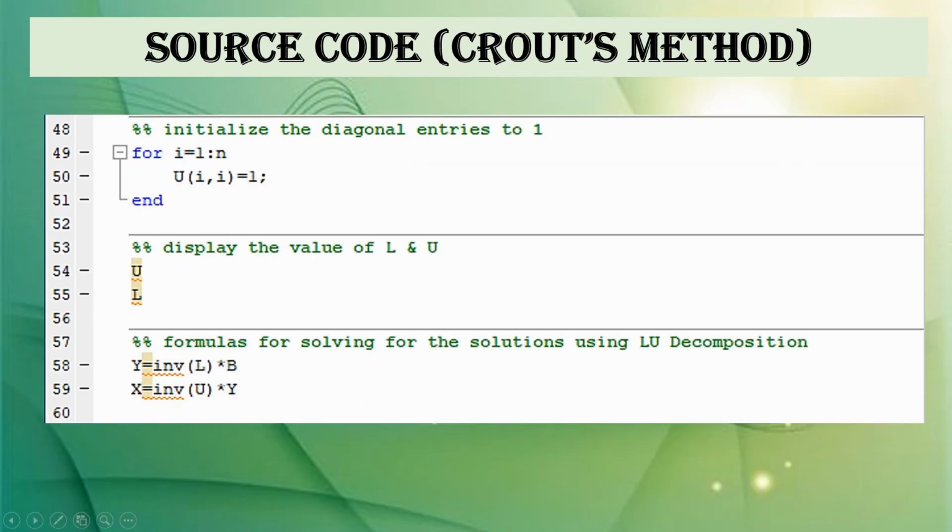And then initialize the diagonal elements of the upper triangular matrix into 1. This code will display the value of lower and upper triangular matrix. And for the last input, this is for the formulas used to find x and y.